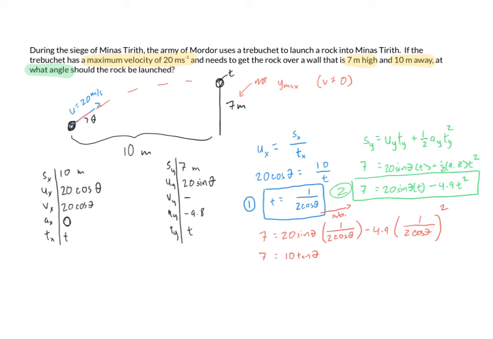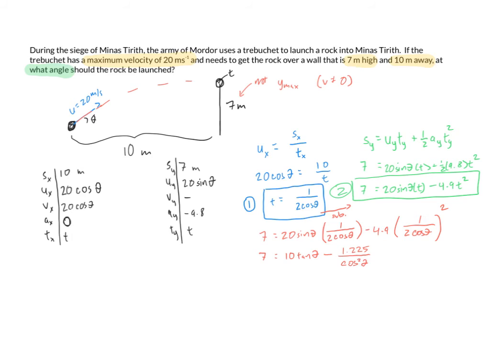And I'm going to then go ahead and multiply out all my variables, doing all my squaring, I will find that this next term here is going to be equal to negative 1.225 over cosine squared theta. And again, this is an ugly equation. And with an ugly equation, one of the best ways to solve is to graph it and then find the zeros.